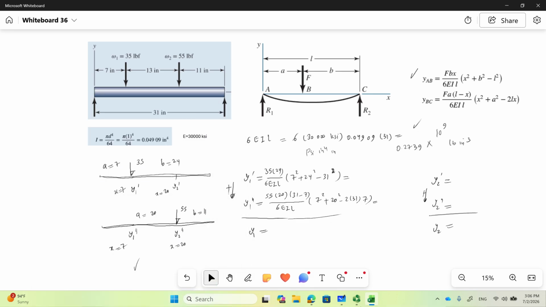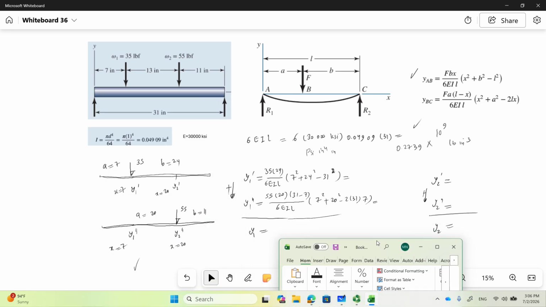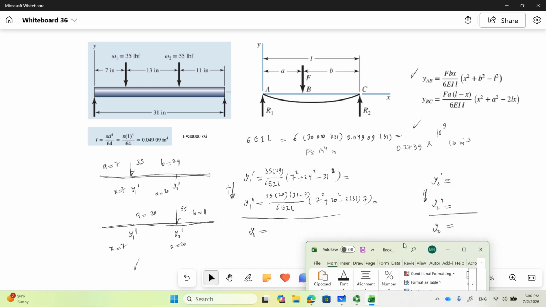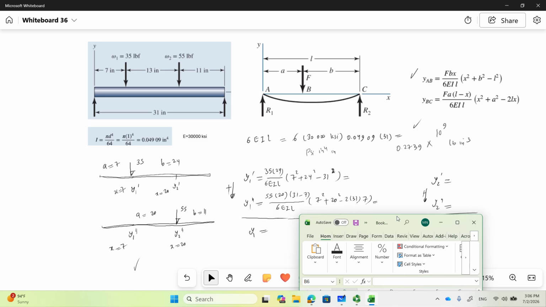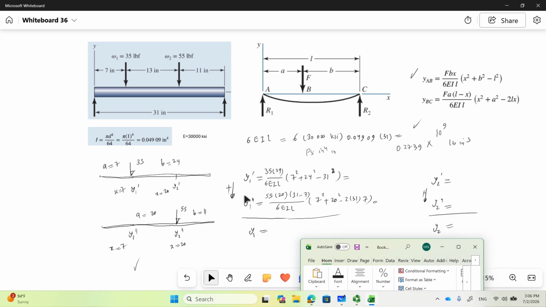Okay, I see what the problem is. My bad. For y1 double prime, we still need to use the first equation, YAB. I shouldn't have used YBC.